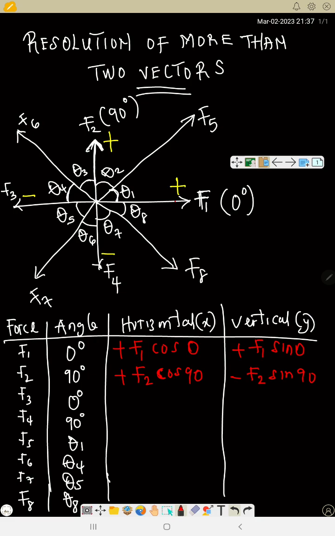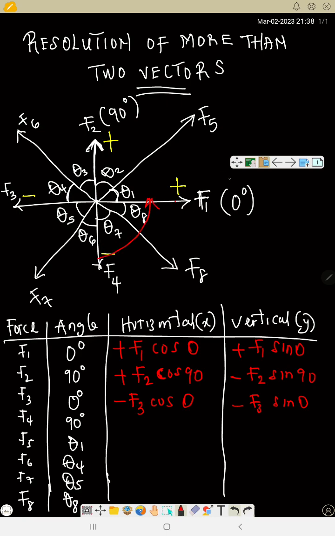Now F3, already on this line, horizontal. So on horizontal is minus, so minus F3 cos 0. Then this horizontal, move it again, we are moving anti-clockwise, as in like this. Take note. So this will be minus again, minus F3 sine 0. Now F4, F4 is in vertical already, so that is minus, and to the horizontal will be plus.